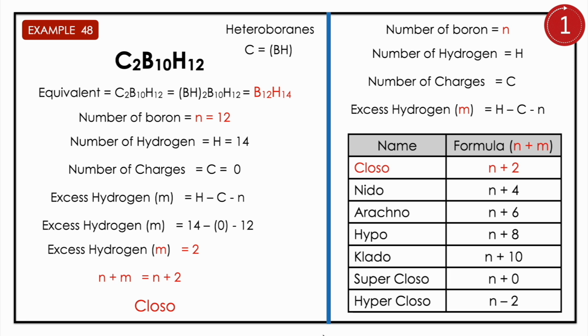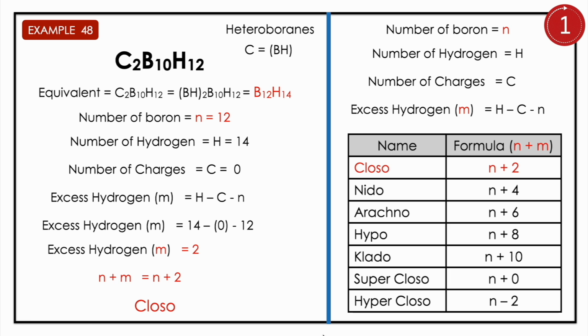First step will be counting the boron. There are 12 boron, so N equals 12. 14 hydrogen, so H is 14. Charge is not there, so C is 0. So if you find excess of hydrogen, M equals H minus C minus N. If you substitute the values, you have M equals 14 minus 0 minus 12.